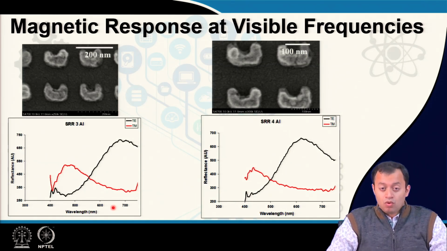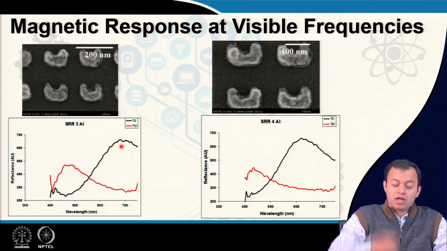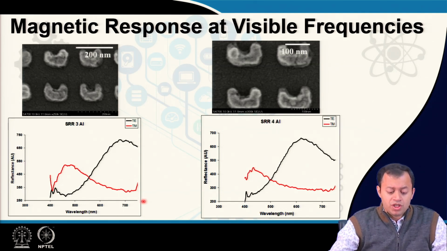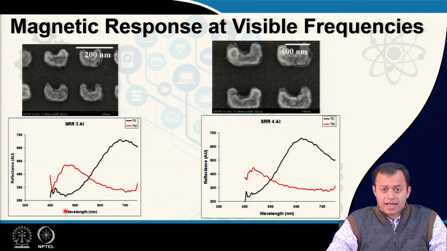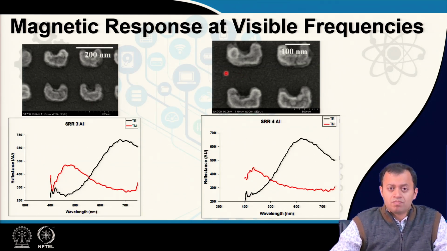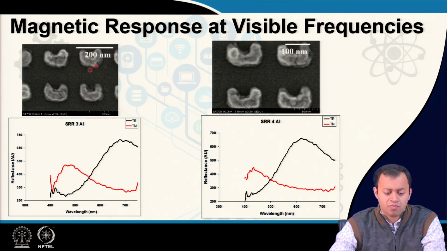So the question comes: if the resonance response, whatever the reflection, whatever the anti-parallel field, happens to be in a region which is susceptible to our eye, which our eye can detect, then if I put this material under a microscope, in large sections, though they are 100 nanometer, they are put in arrays.